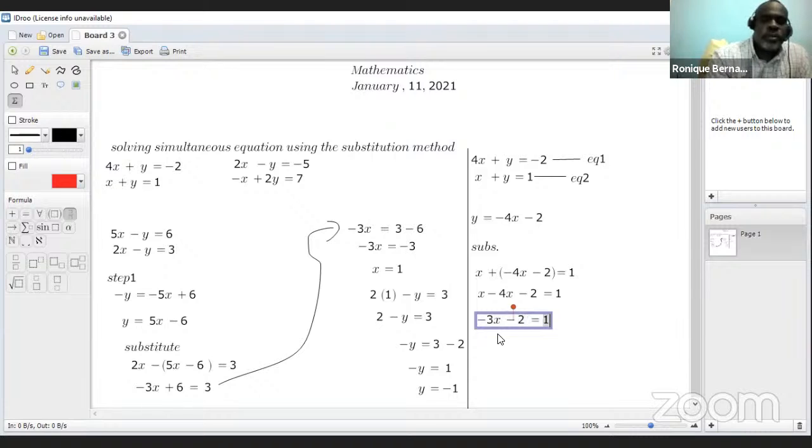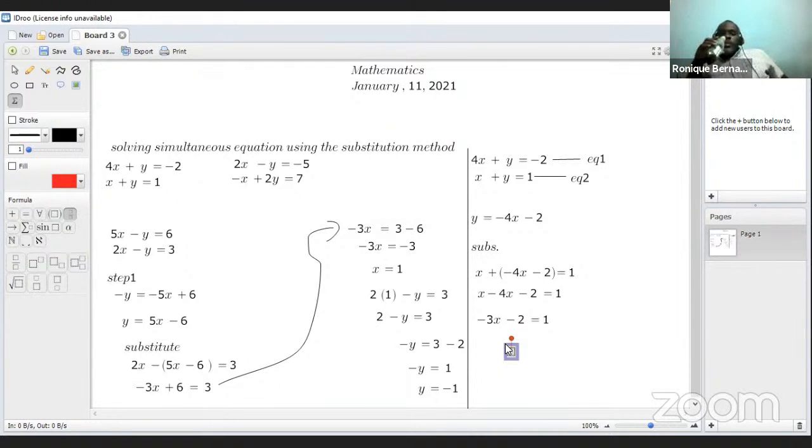equal 1. Now, what is it saying to us? A negative 3 times a number x, minus 2, gives us 1. So we want to find out what number, when multiplied by negative 3 and then 2 subtracted, will give us positive 1. Now, there's only one number you can subtract 2 from to get 1.